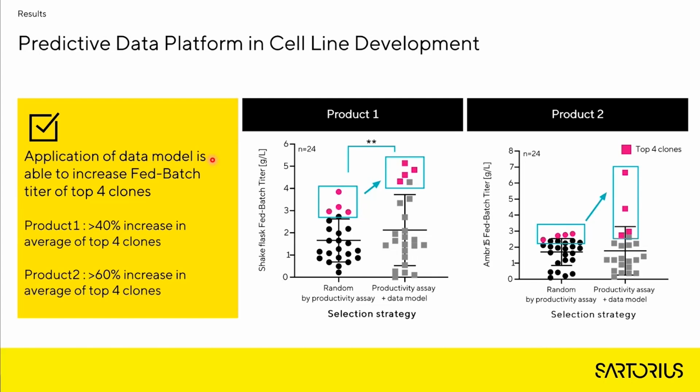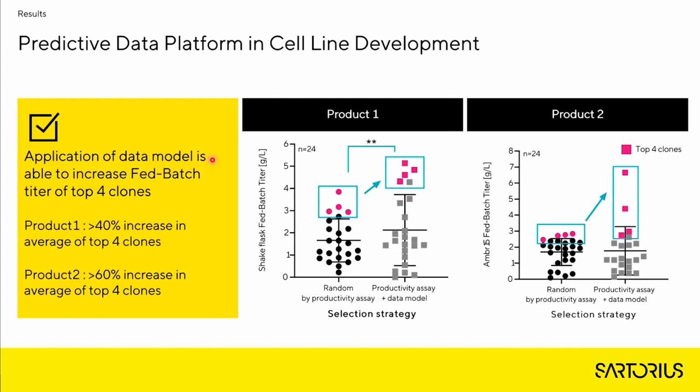What was seen, for example for product A, was more than 40% increase in the average of the top 4 clones, which are highlighted in red. And for product 2, more than 60% increase in the average of the top 4 clones, which is a very nice and significant increase.